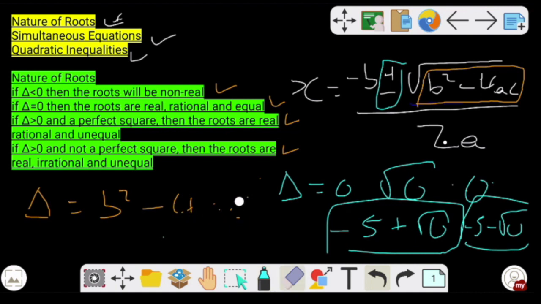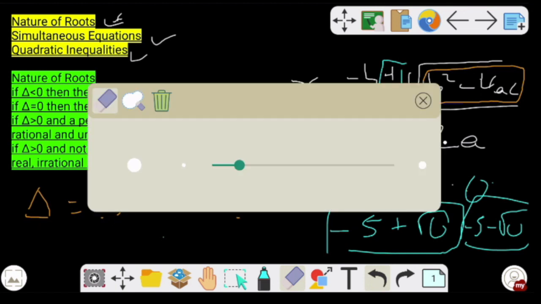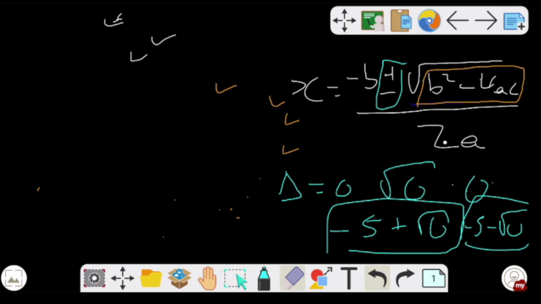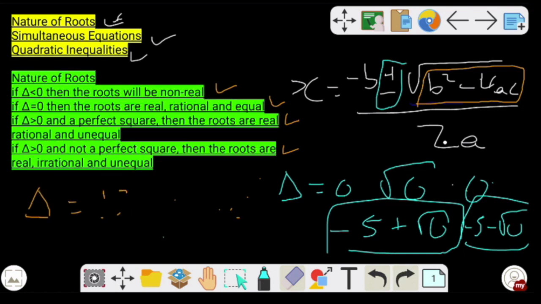Let me try to get some space because I'm going to explain. I don't want to move to the next slide. All right. The third part is if your discriminant is greater than 0 and a perfect square, then your roots are real, rational, and unequal.